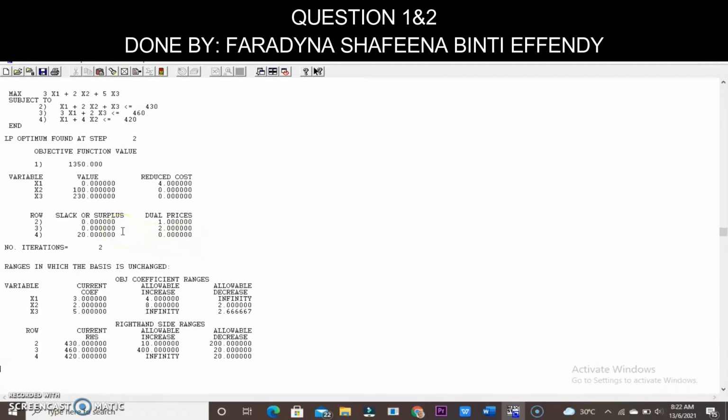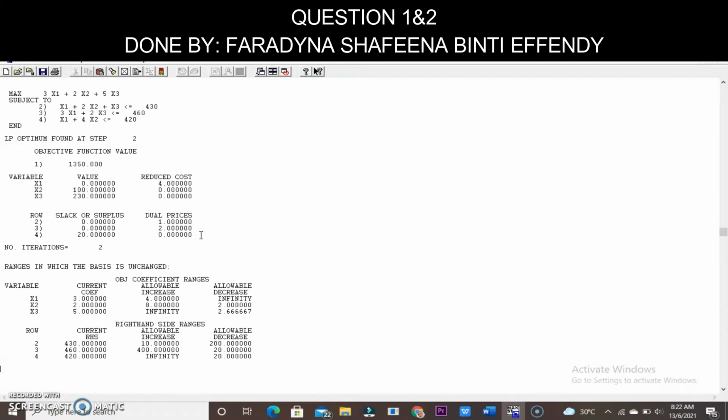By definition, the corresponding dual price for operation A is 1 ringgit, for operation B is 2 ringgit, and operation C is 0 ringgit. A unit change in operation A capacity changes z by 1 ringgit.